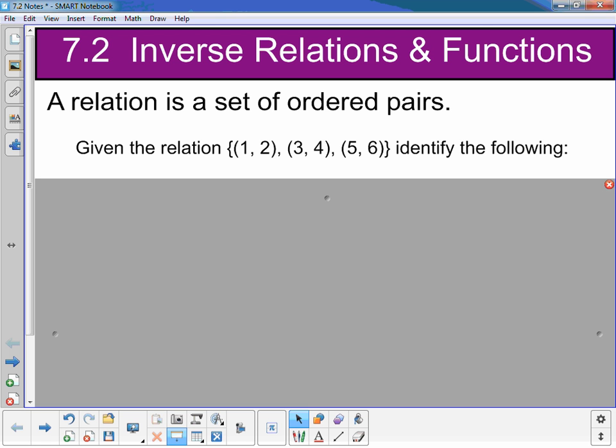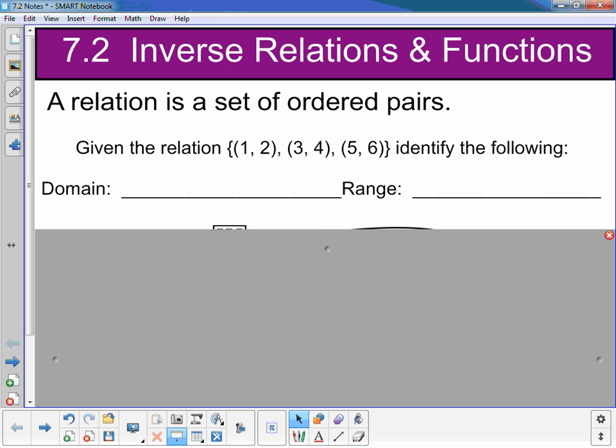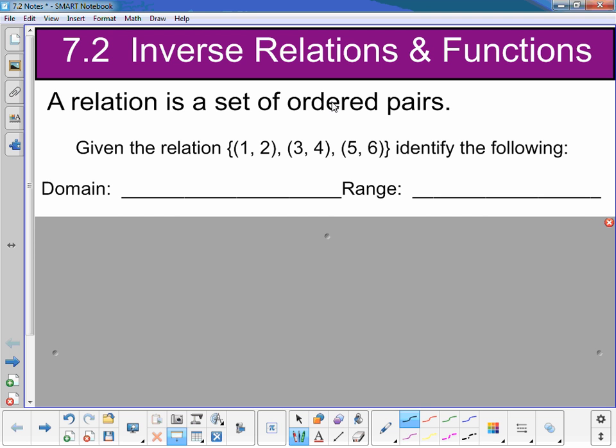Now, two words that also may be a refresher for us are domain and range. When we think about the domain, we're thinking about all of the x values. If you need a little refresher, you can write that down. And when we think about the range, we're thinking about all the y values.